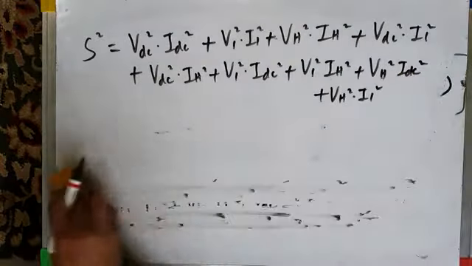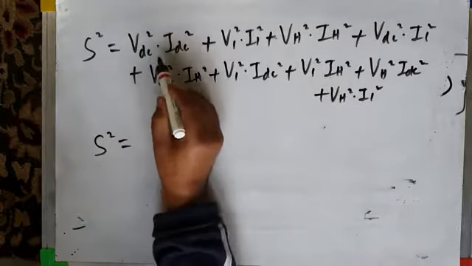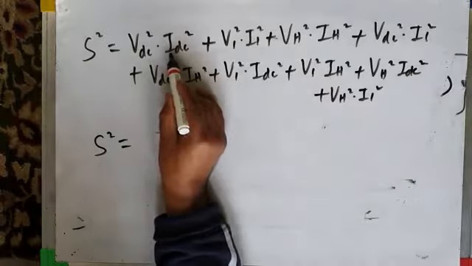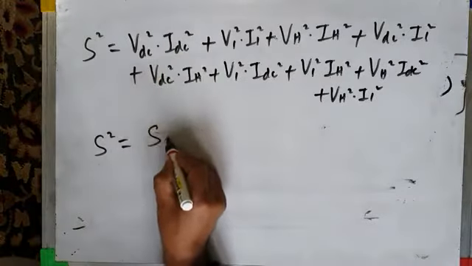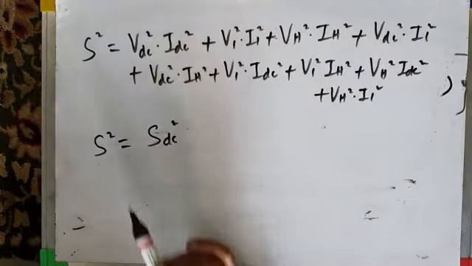Okay, so I can then write it like this: S square is equal to, what is this? This is the apparent power due to DC offset. Let us denote it by SDC square, which is equal to IDC square into VDC square.